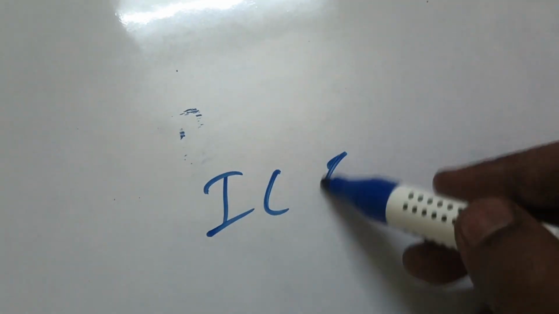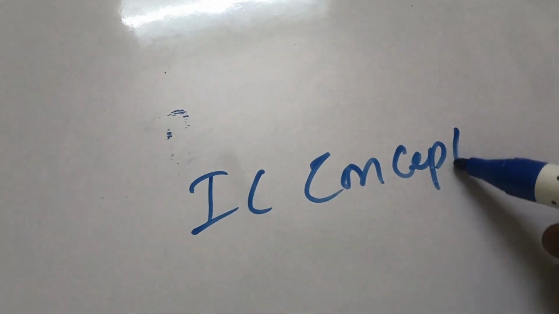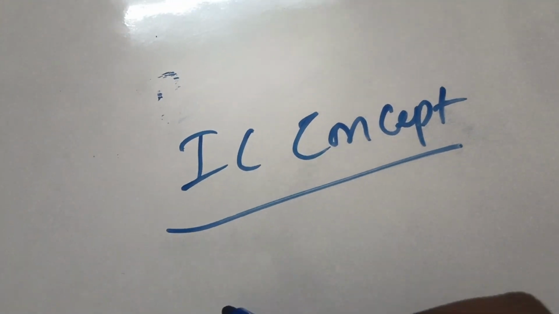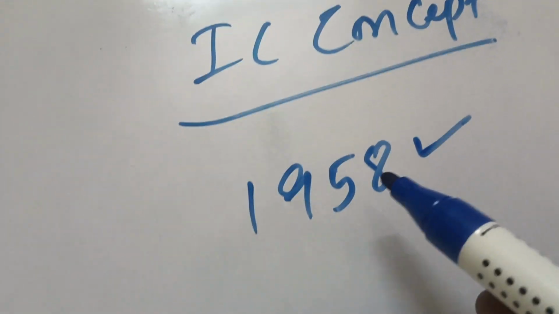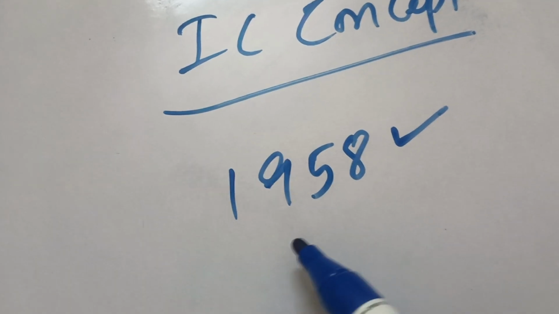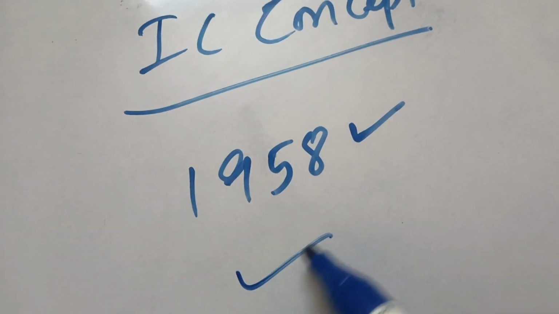Next, IC concept. ICs were first introduced in 1958. IC technology enabled miniaturization of electronic components.